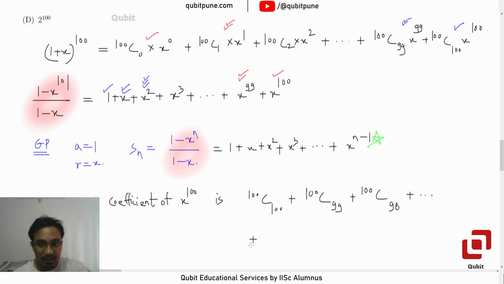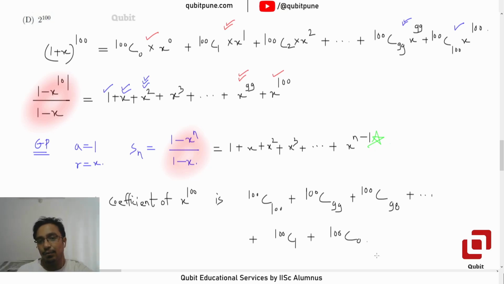And 100c97, 100c96, 100c95, all of those terms will be there. Now the two blue ticks, x raised to 1 into x raised to 99, accompanied by 100c1. Then the single red tick, x raised to 100 into x raised to 0, so 100c0.